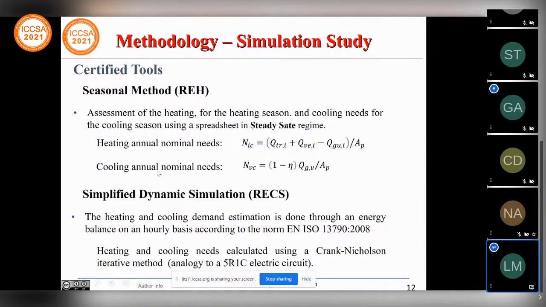In the case of the simplified dynamic simulation for commercial and service buildings, the heating and cooling demand is calculated through an energy balance on an hourly basis, as I said, according to the European norm, which is used in Europe. The heating and cooling needs are calculated using a Crank-Nicolson iterative method. There is an analogy with the 5 resistance and 1 capacitor electric circuit. The inertia of each envelope component, like a wall, is simulated by a single node with a single mass, which is the capacitor.